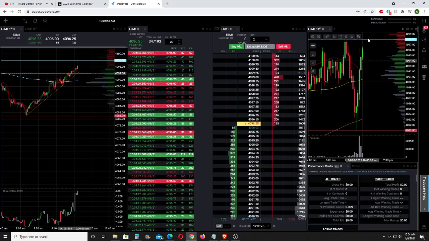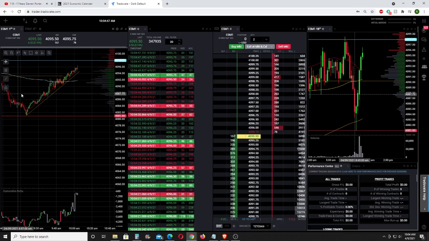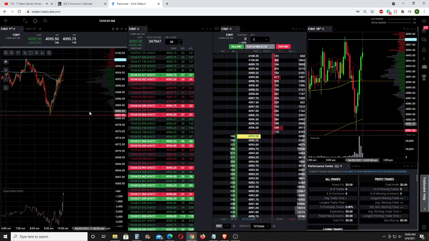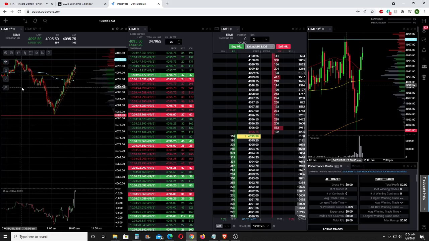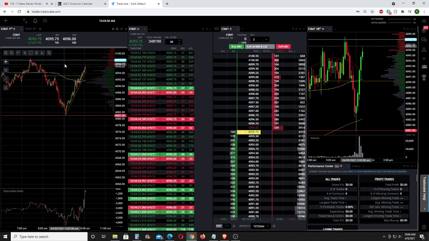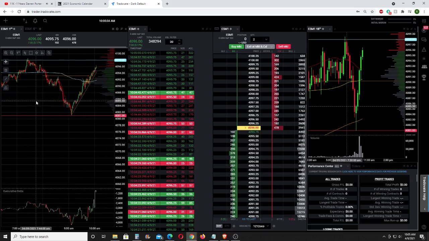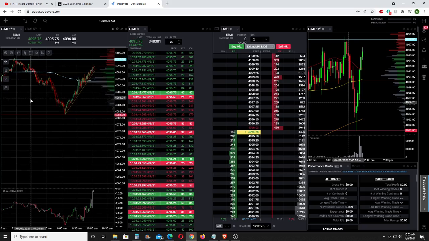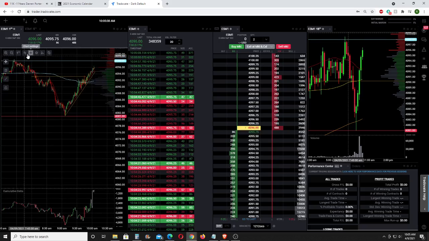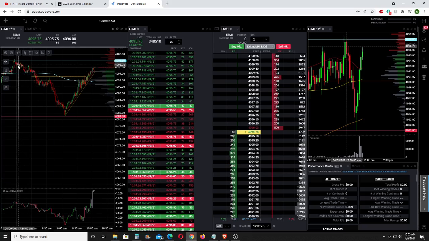This move. Boom. Potential resistance here.